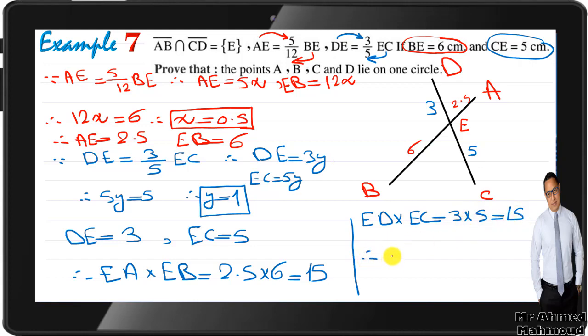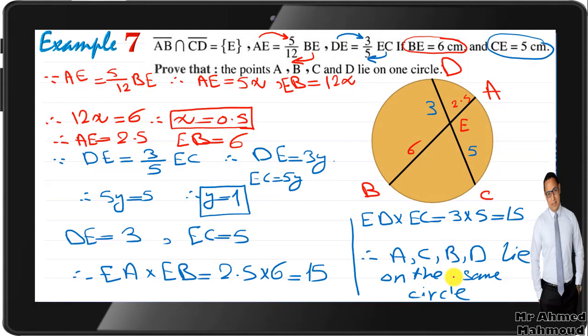Therefore, A, C, B, and D lie on the same circle. And the circle will be like this. The next question.